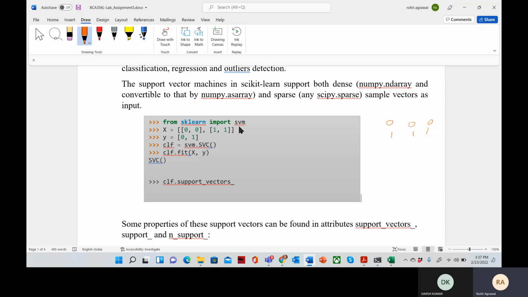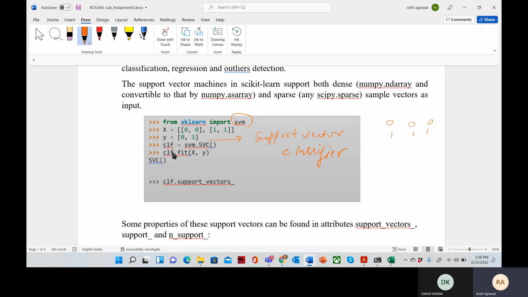So in the support vector machine SVM we have this SVC, that is called support vector classifier. Just like we did in linear regression, we used sklearn.model_selection, after that linear regression, so just the same.